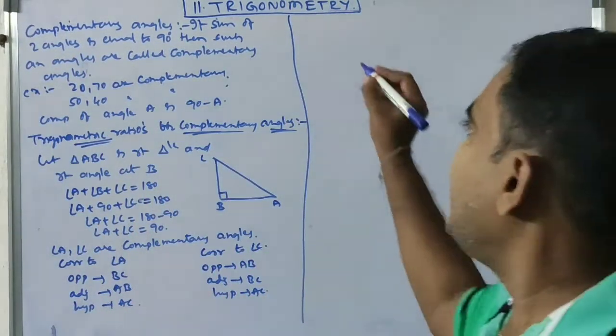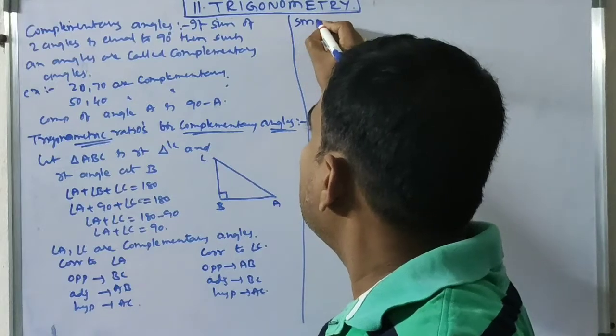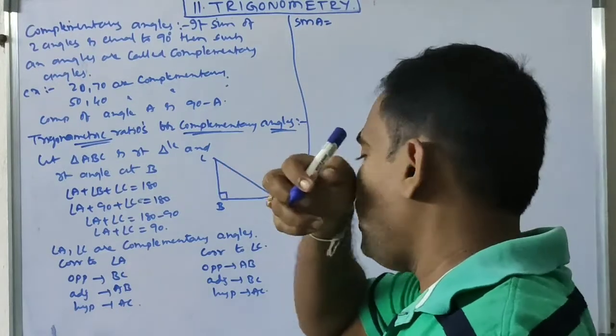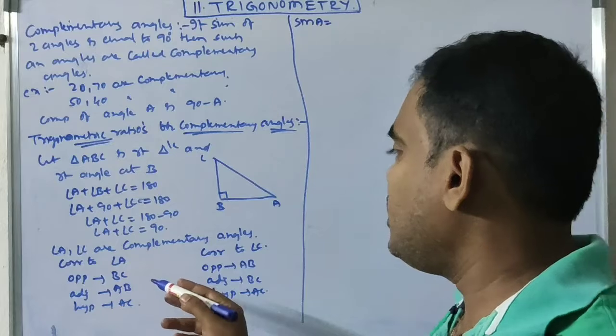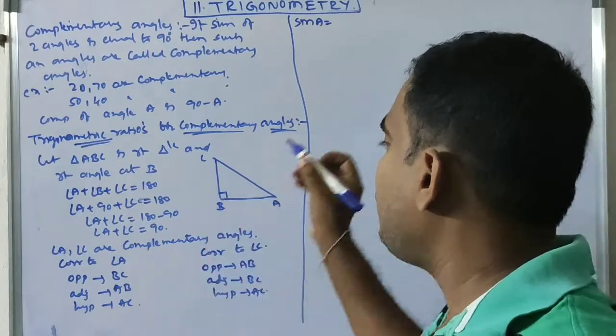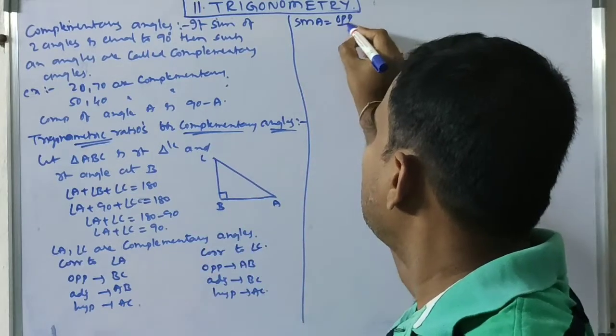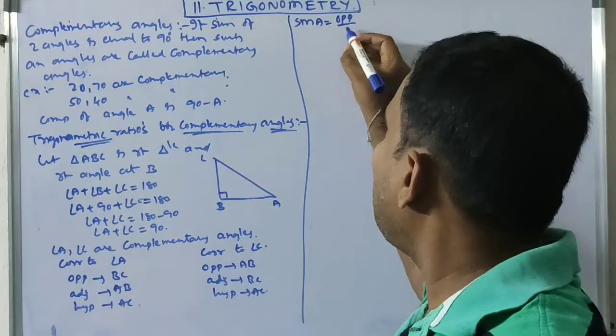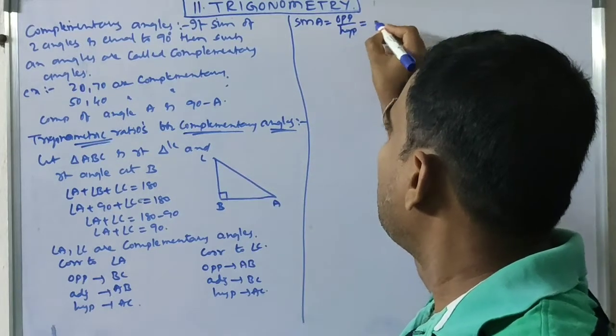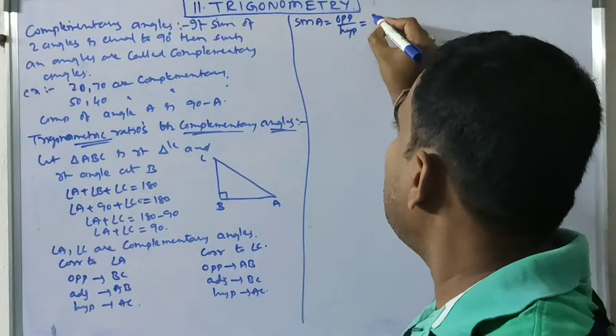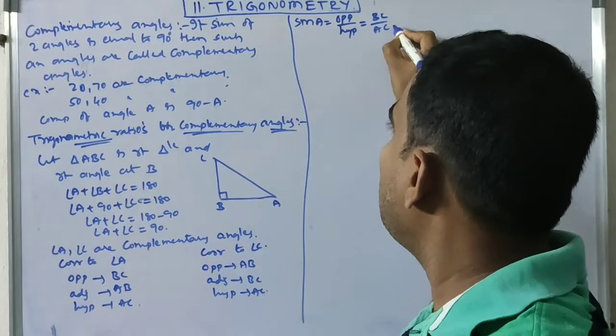Now I want to find the trigonometric ratios. First, sin A equal to opposite by hypotenuse. Opposite equal to BC, hypotenuse is equal to AC.